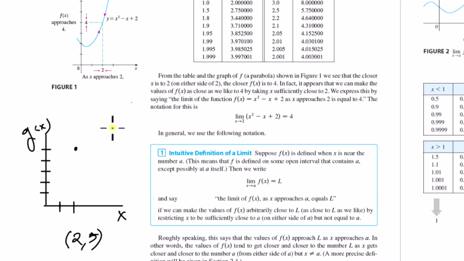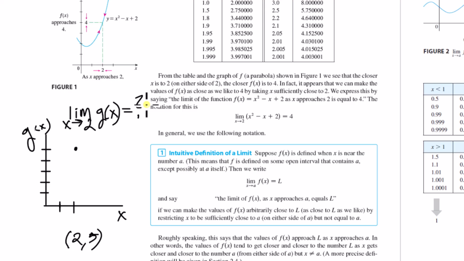Okay, well, we can think about the idea of what is the limit as x approaches 2 of g of x. Can we evaluate this limit? Does this limit make sense? Well, no, we can't, right? Why not?